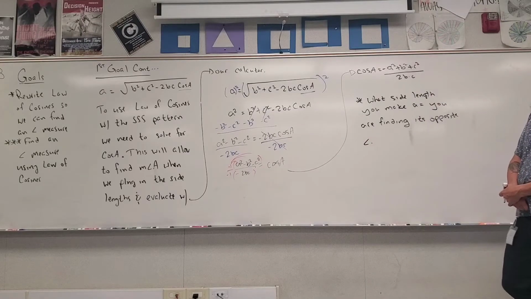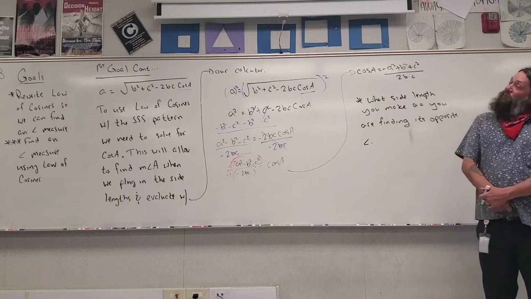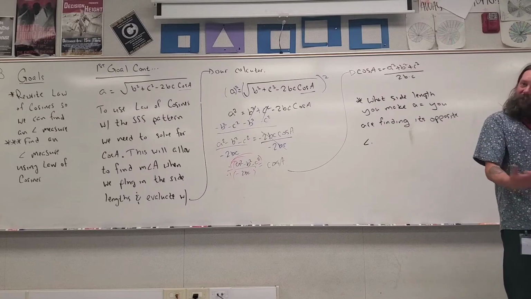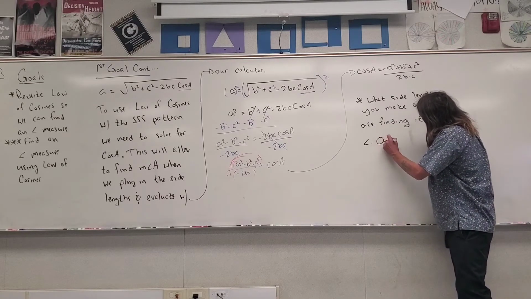Okay, so whatever side length you make A equal, you are finding its opposite angle. Once we find an angle, we get into the angle-side-side pattern, and we can then solve the triangle in that fashion.